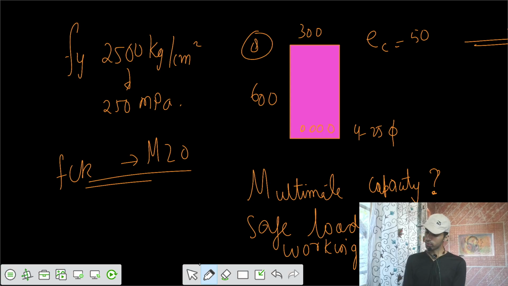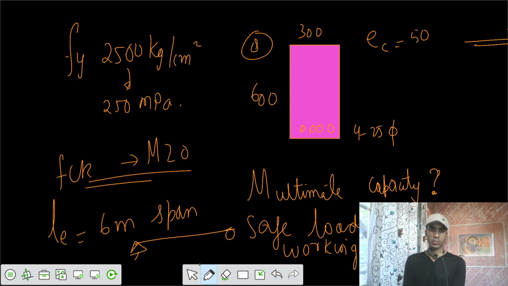Dead load we can have. Effective span is 6 meters, the span of that simply supported beam. And we have some UDL, dead load plus live load, that we need to calculate also.